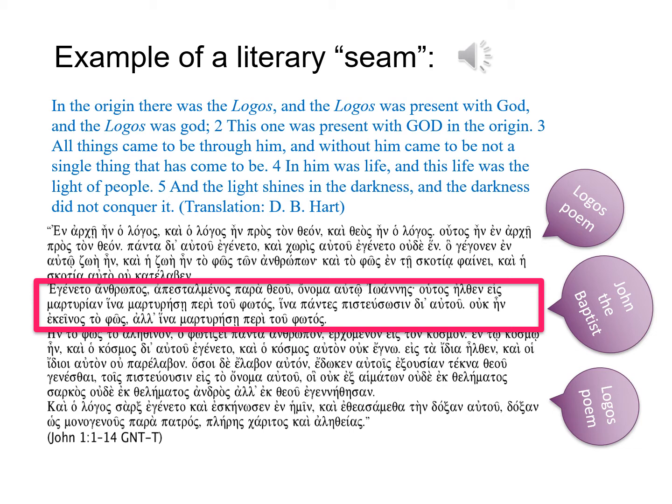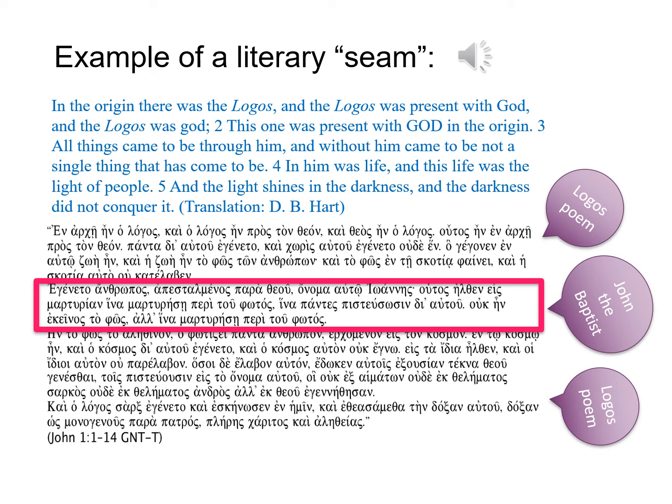In case you'd like an example of what we call a literary seam, or a little piece of evidence or a little hint that more than one source is being spliced together in an ancient text, there's one at the very beginning. Remember, there's a beautiful poem or poetic philosophical prologue at the beginning of John, and it's all about the Logos.